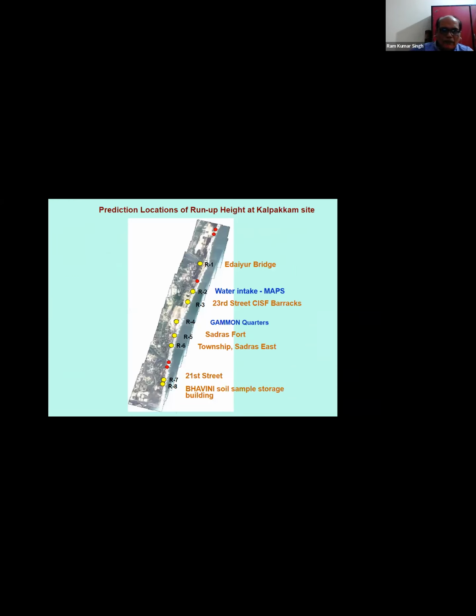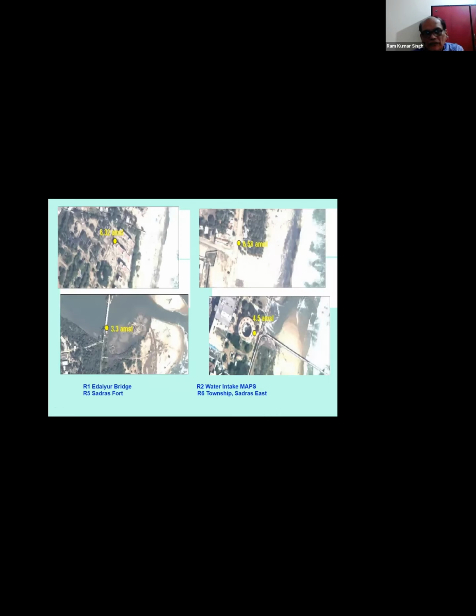So now here is the picture for the wave run-up, and there are 8 locations for the wave run-up: R1, R2, R3 up to R8. And these are the locations: Edward Bridge, the water intake at the maps where the plant got affected, then the CISF barracks, Gammon quarters, that time Gammon was working there, Sadras Fort township area, and the Bhavani soil sample storage building. So all these locations, these measurements were taken at different locations of the run-up.